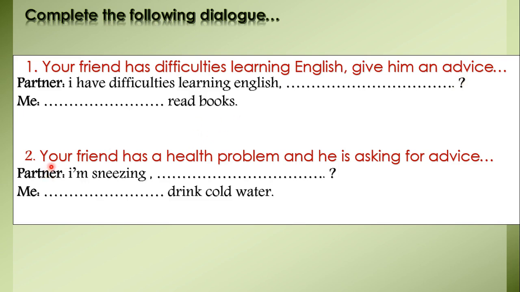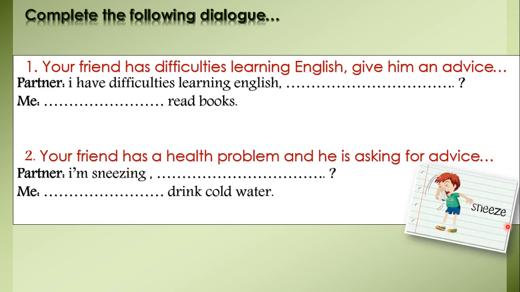Second, your friend has a health problem and he is asking for advice. So, partner: I am sneezing. What is sneezing? This is sneezing. Sneeze. I am sneezing. Question mark. Me: drink cold water.